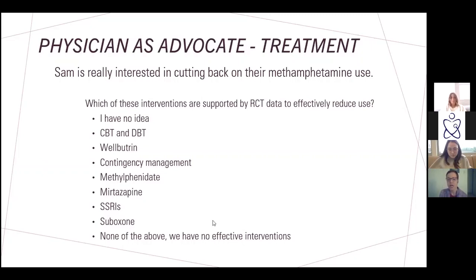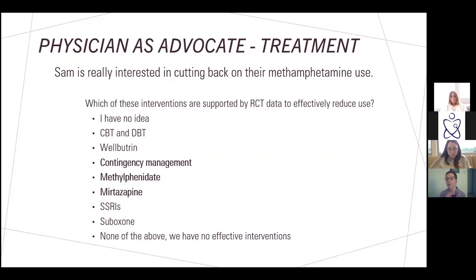Okay, so I would say the strongest data is for these three. For contingency management, which we'll talk the most about, methylphenidate is plus minus, and mirtazapine there's some weak data for. There actually is a little bit of data for CBT and DBT. When you're thinking about psychosocial interventions, contingency management is so much stronger. And again, we'll go through exactly what that is. That's really where the strength of the data lies.